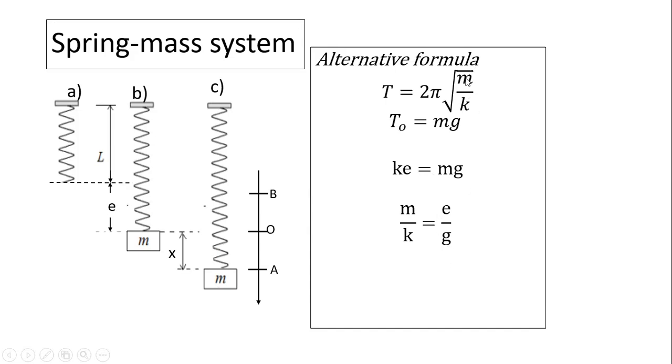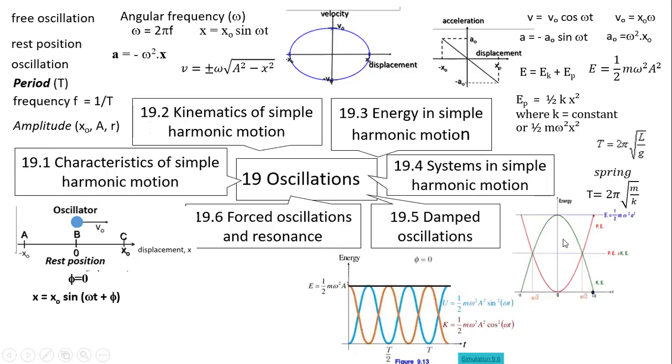Okay, replace that: T equals 2 pi square root of e over g. Not proportional, T is proportional to square root of e. Okay, any problem? Any comment? Nope. Okay, let's carry on then.